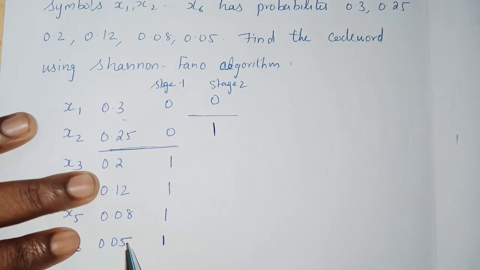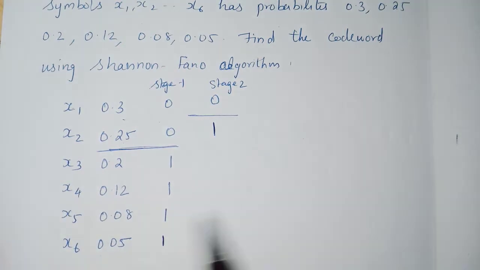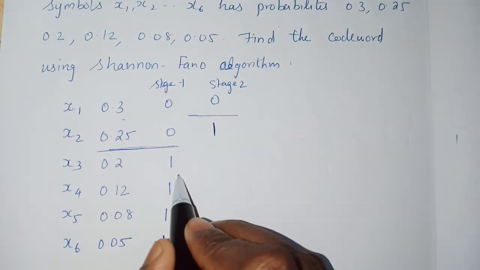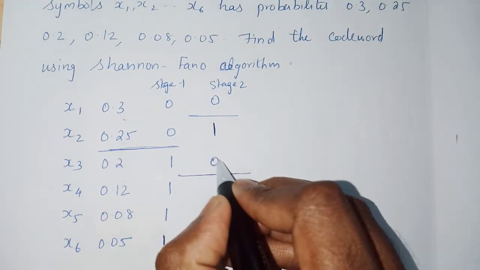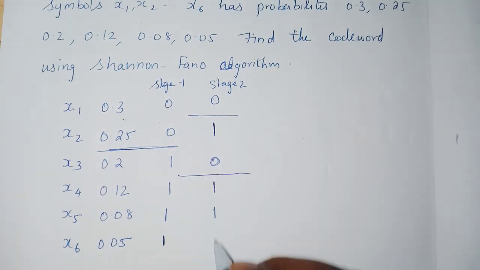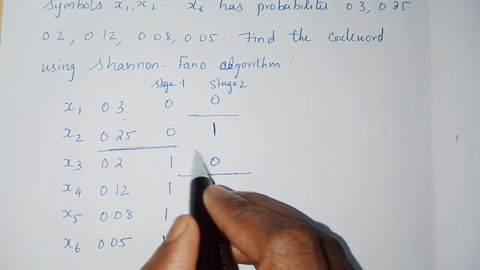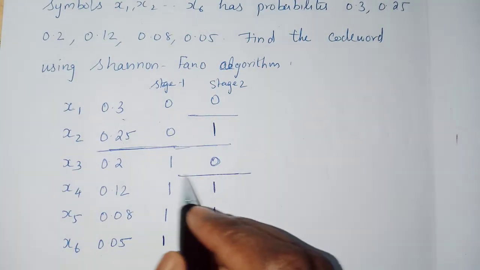It won't be equiprobable. So if I want to divide exactly, I think the best option will be to split here. Now this has a value of 0, and whatever is below has a value of 1. Now this is split individually, there is nothing else here. This is an end to it.